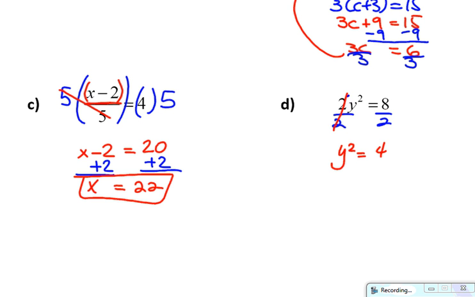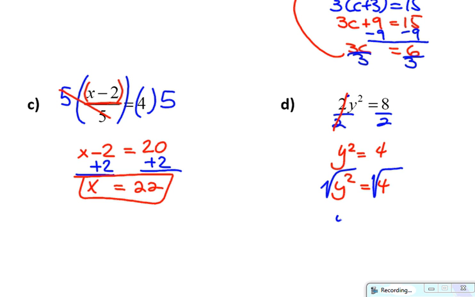If I have y squared is equal to 4, to undo the exponent y squared, I do the inverse operation, which is to take the square roots.